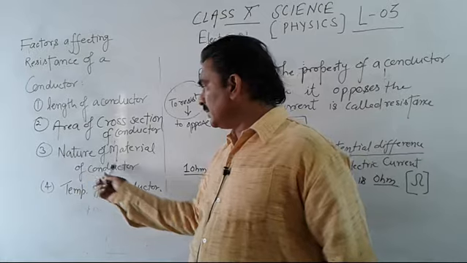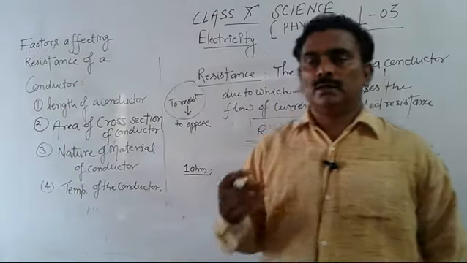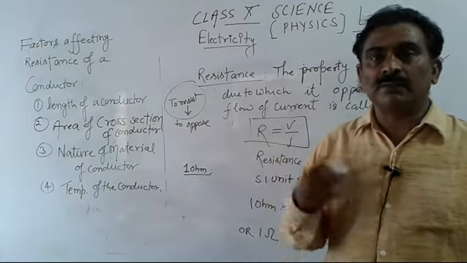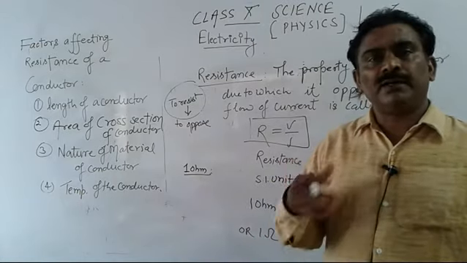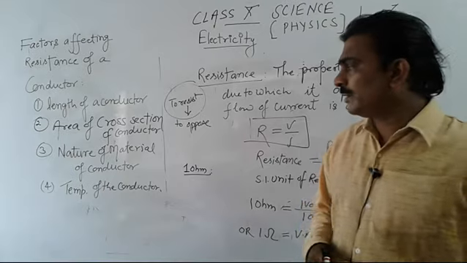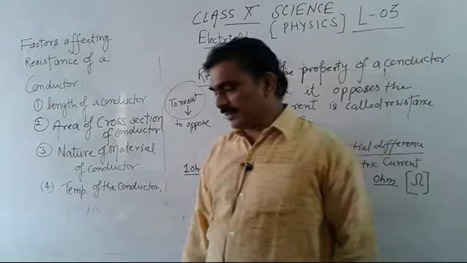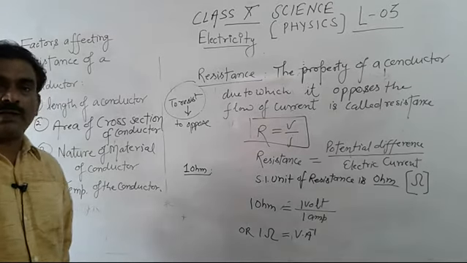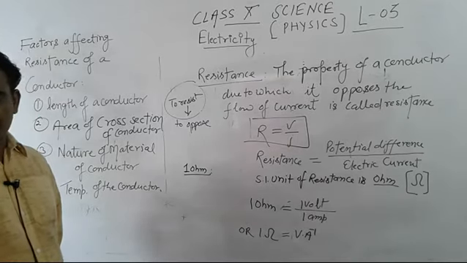Third is nature of material of conductor. It means if conductor is iron, copper, silver, aluminum, then there may be different resistances. And fourth is temperature of the conductor.